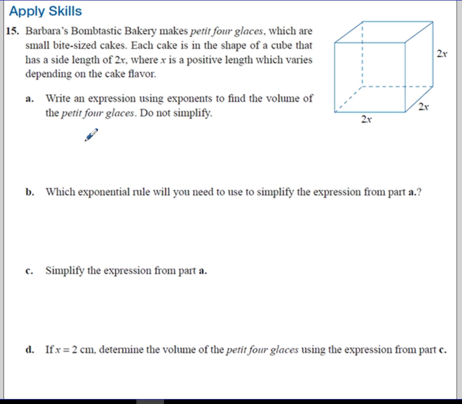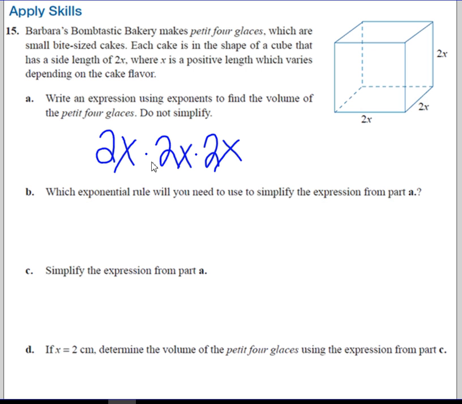So we have volume equaling length times width times height. So our length is 2x, our width is 2x, and our height is also 2x. Which exponential rule will you need to use to simplify this?